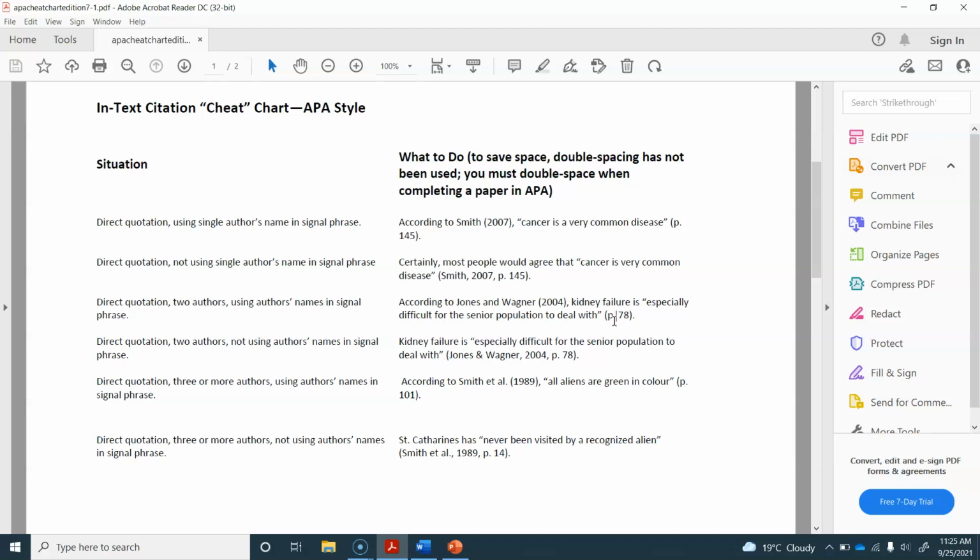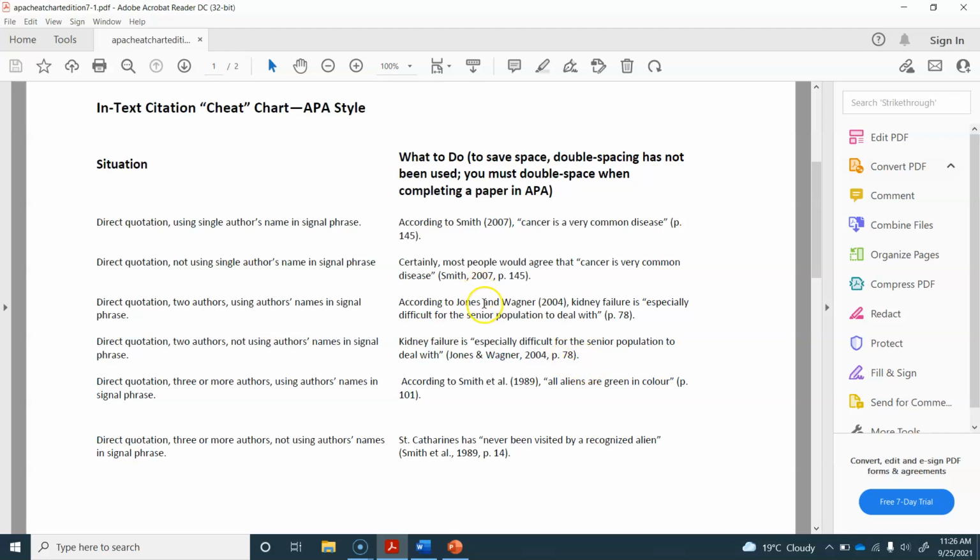But if I'm not using the author's names in my sentence, I'm going to include everything at the end after the direct quotation. But I'm going to do something slightly different. If it's in the bracket, I'm going to write Jones, my first author's name, then a space, then I'm going to use the ampersand, the N sign, then the second author's name after a space, comma, year of publication, comma, page number, close the bracket, period.